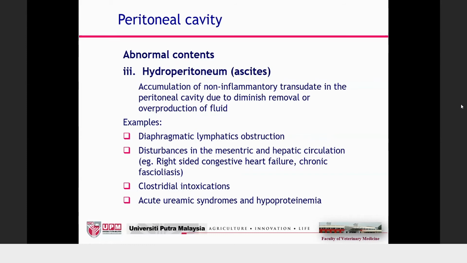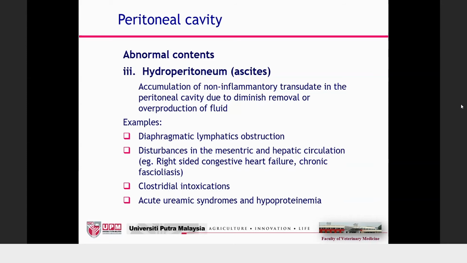In right-sided congestive heart failure, there will be backflow of blood from the liver into the right side of the heart, and as a result, blood pressure increases. With increased blood pressure, fluid is poorly returned into the circulation, and it will accumulate and lead to a condition called ascites or hydroperitoneum.